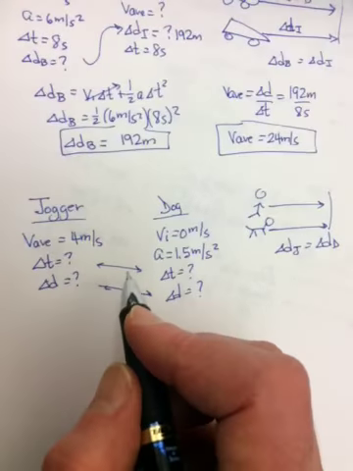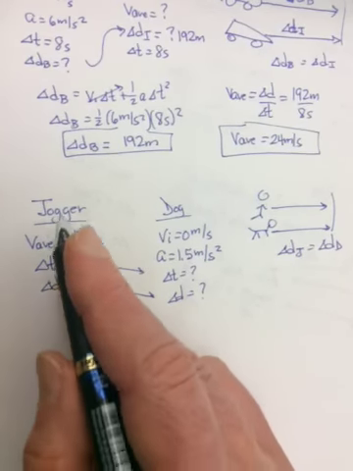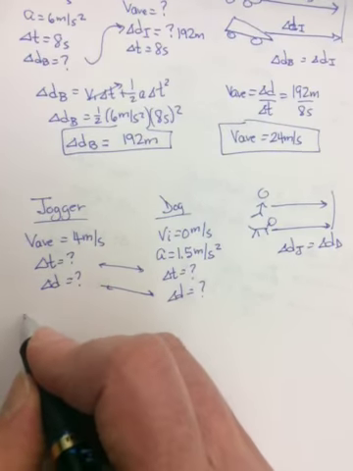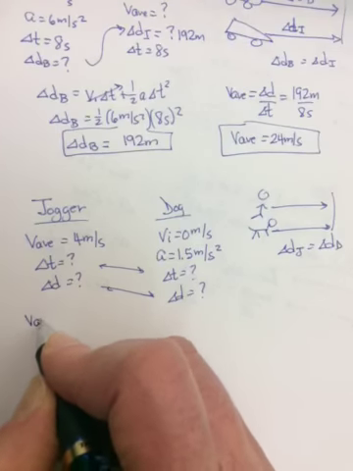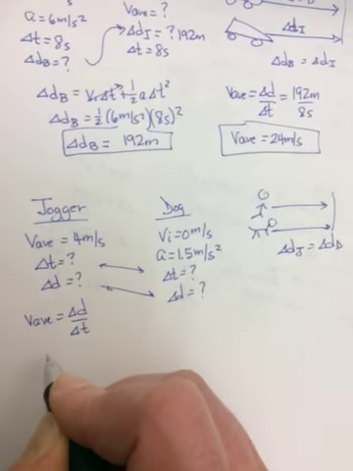So the trick here is you really have two unknowns, and to have two unknowns you need two equations. So the equation for the jogger, you can get it for delta D using your VAV equals delta D over delta T equation.